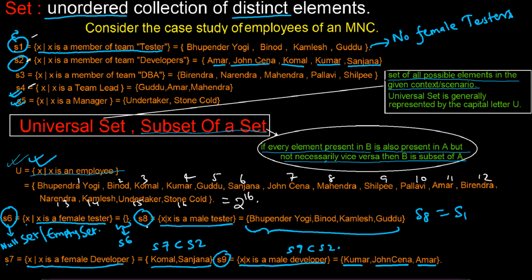S1 is a set of testers and S2 is a set of developers. So what will be S1 union S2? It would be right if I put this here.